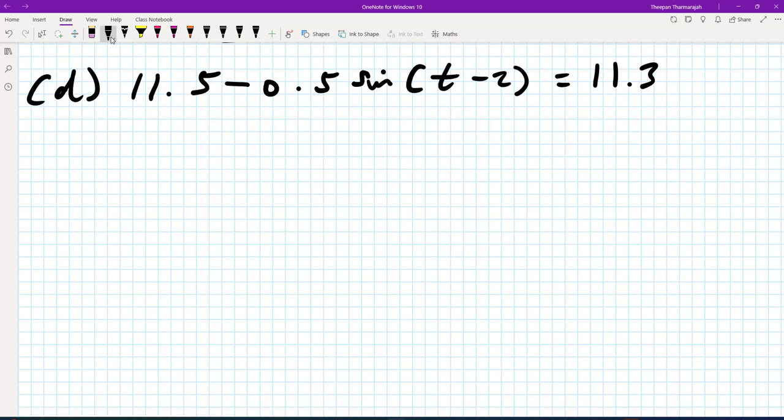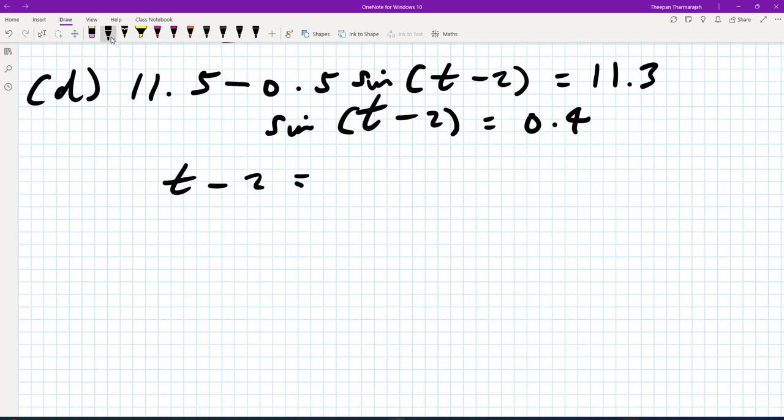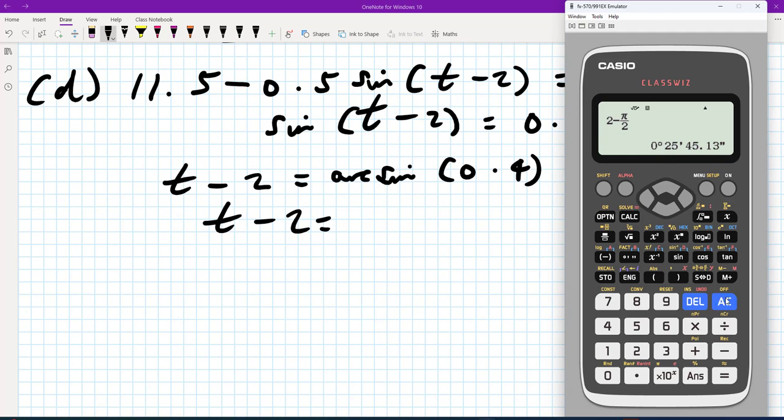If I solve for that, I get sine (t minus 2) equals 0.4. So now we can arc sine that. Arc sine of 0.4 on our calculator gives me 0.41.